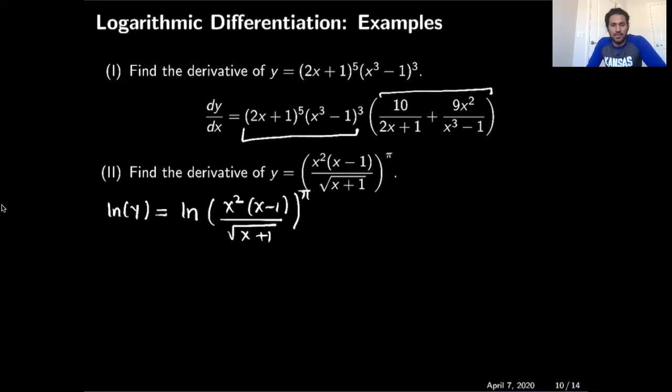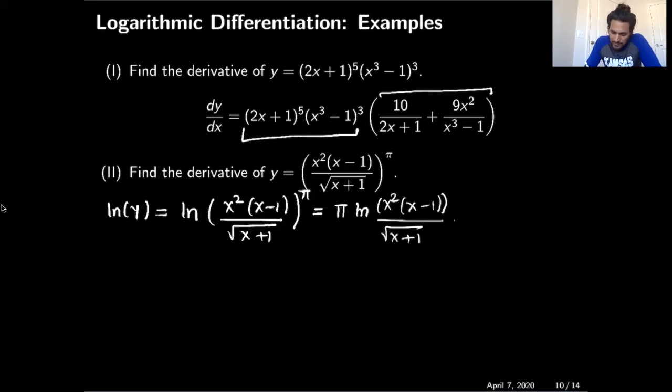And next I will simplify, or expand, the whole expression by using the properties of the natural log. The very first property I will use is the exponent property. So the exponent flips over. So I will get natural log of x squared (x minus 1) divided by the square root of x plus 1.